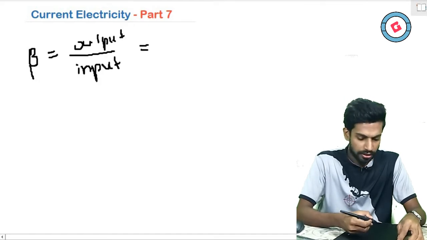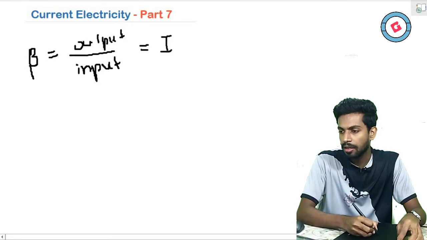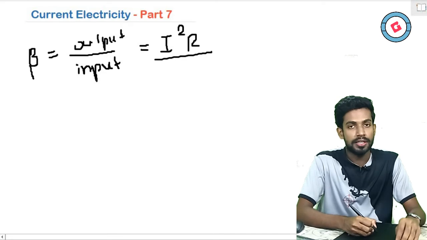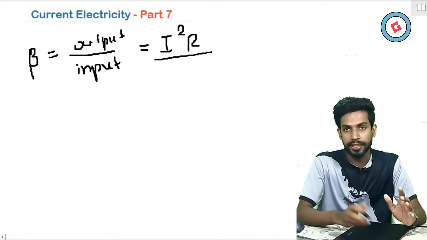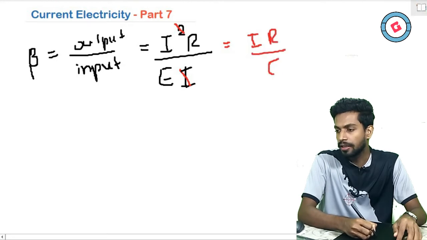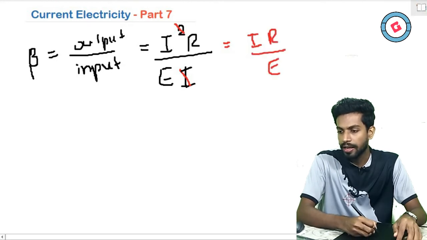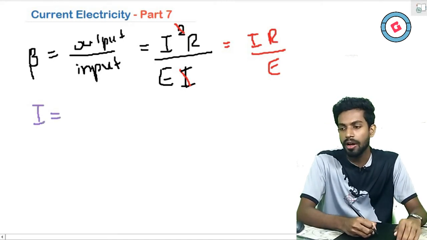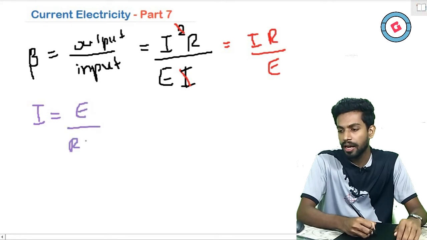So the output here is I squared R, as we talked before, and the input is the electric power dissipation throughout the whole circuit, which I said is equal to E I. So one I is cancelled out and we obtain I R by E. And as I showed previously using Kirchhoff's law, I is equal to E divided by (R plus r).